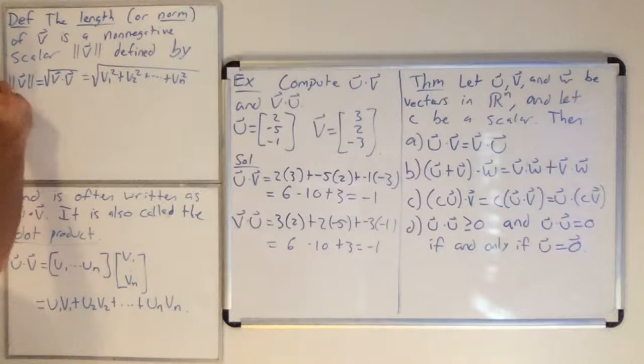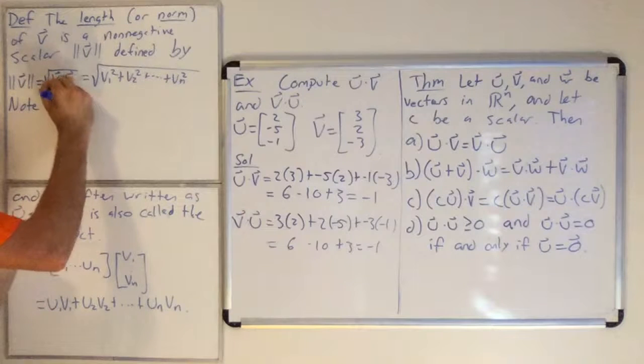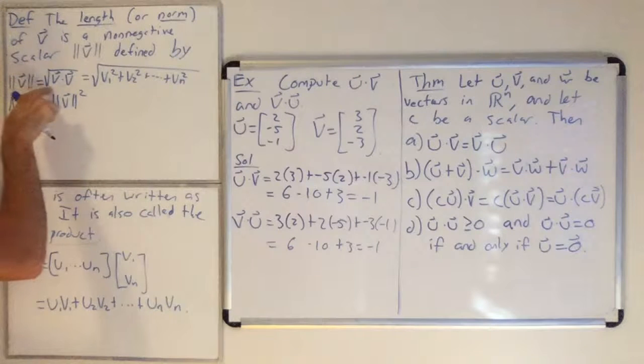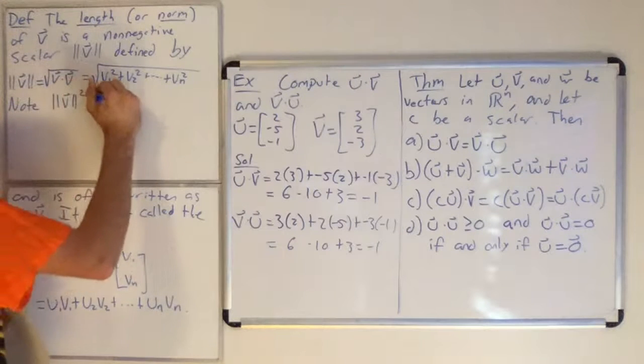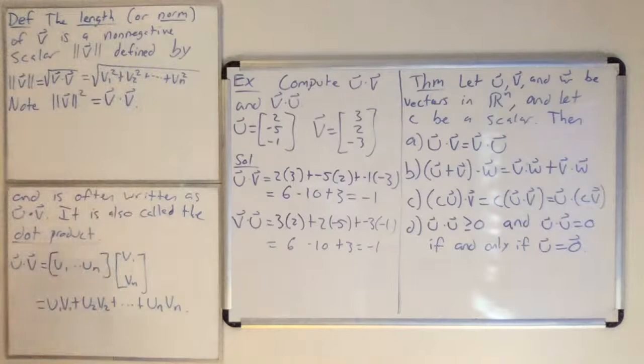And note, if you square the norm of v, you just get v dot v. Okay, so let's just see why this is a good definition for the length.